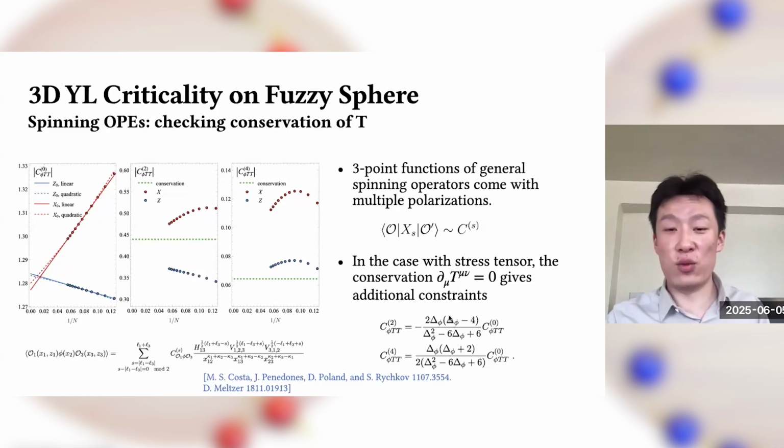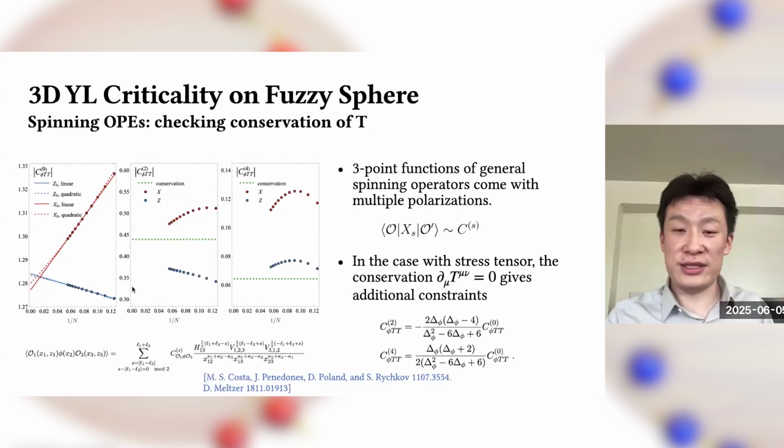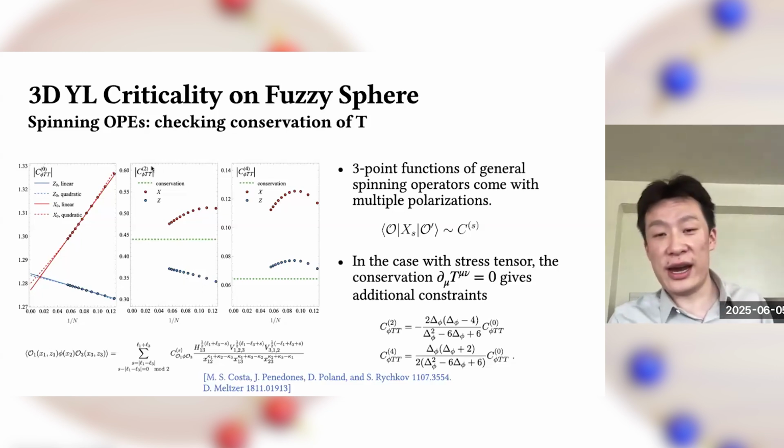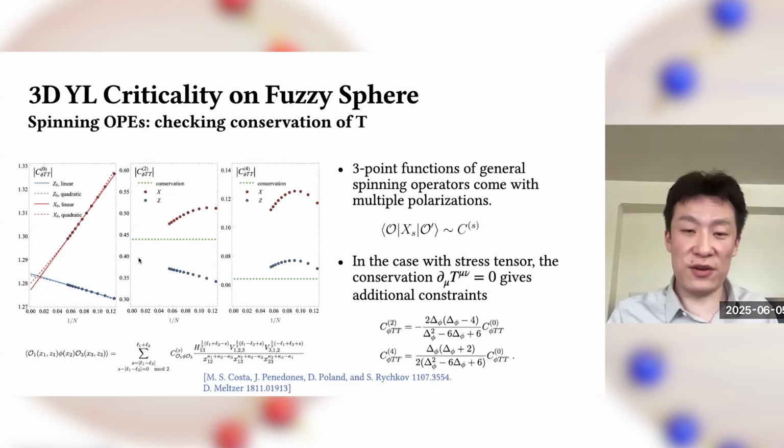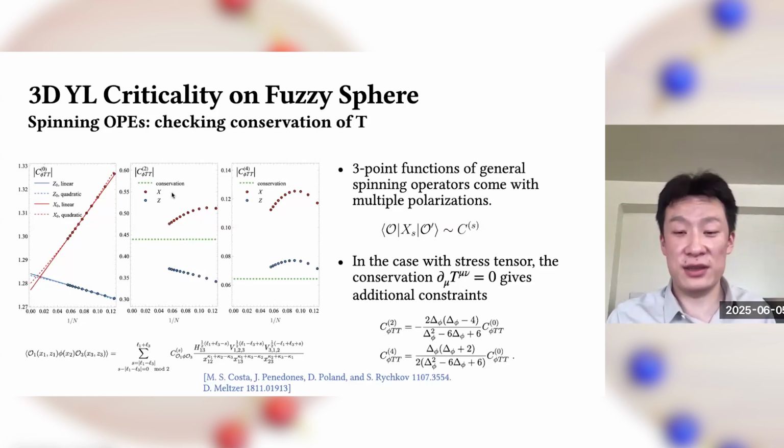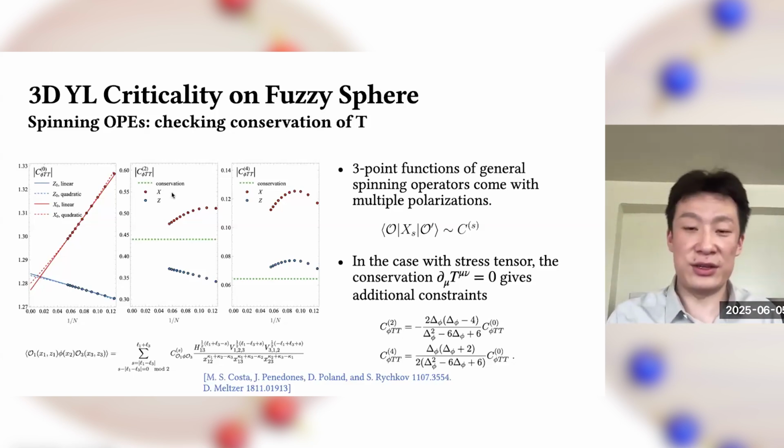So actually, there's only one independent guy, and then the other two guys can be calculated from the independent one. And we see that although the higher polarization ones converge slower and slower, qualitatively they're converging towards the expectation from the conservation condition of the CFT, which is another consistency check.